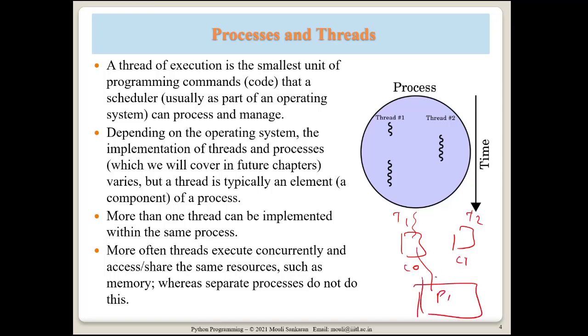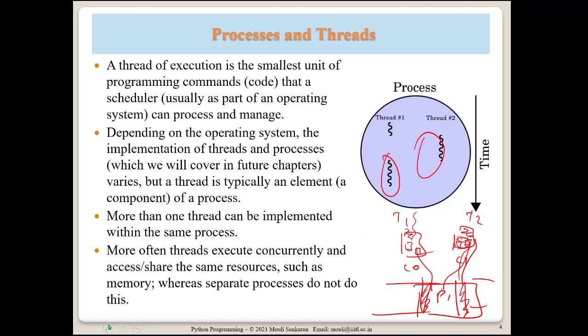So both the cores will be accessing the same physical memory, but they have different caches, because each core has its own L1 and L2 cache. Maybe this core's thread is executing this part of the code and the other is executing that part of the code. They will be accessing them and putting them in the cache, and they run in the CPU. This also can run in parallel.